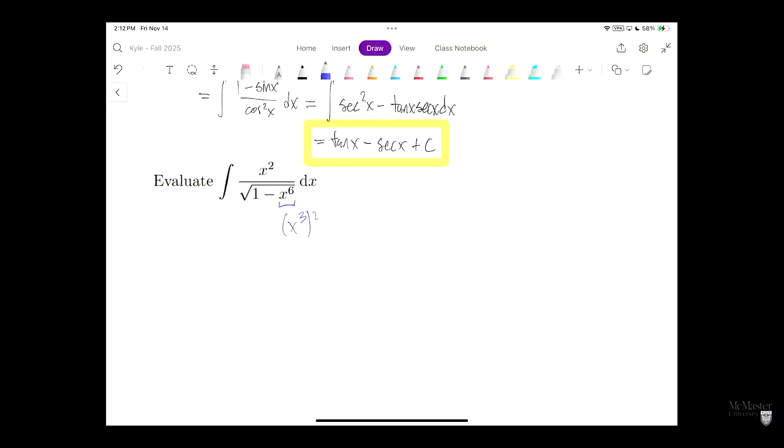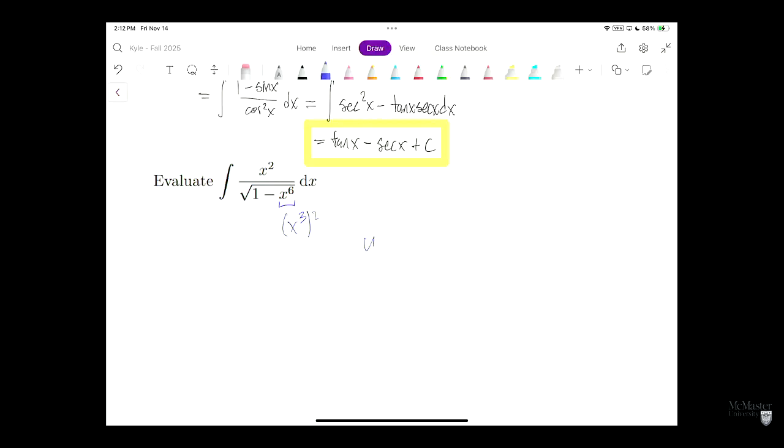So now, if we set u equal to x cubed, then notice the derivative of x cubed has a factor of x squared, and that factor x squared appears in the numerator. So the trick for this one is you have to see, okay, we have an x squared in that numerator. Can we find a function whose derivative is x squared? And x cubed works.